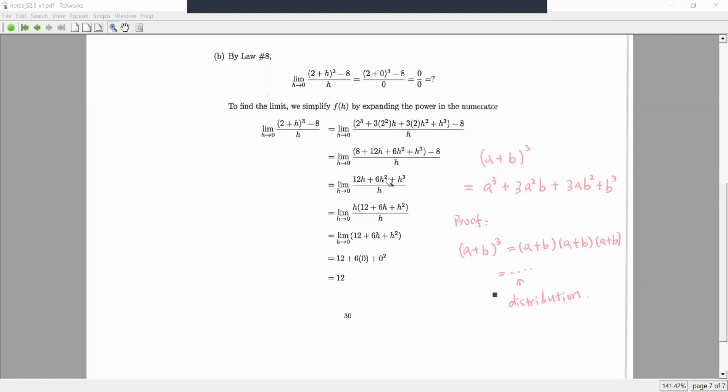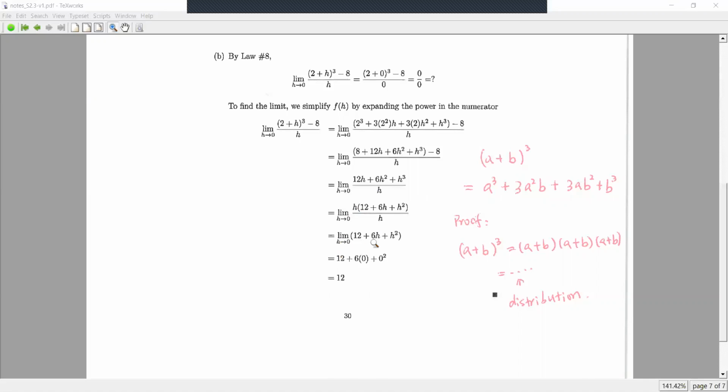Notice that all the three terms in the numerator have h as a common factor. So we can factor h out to get this equation. Now, cancel h from the top and from the bottom. Then we have this equation.